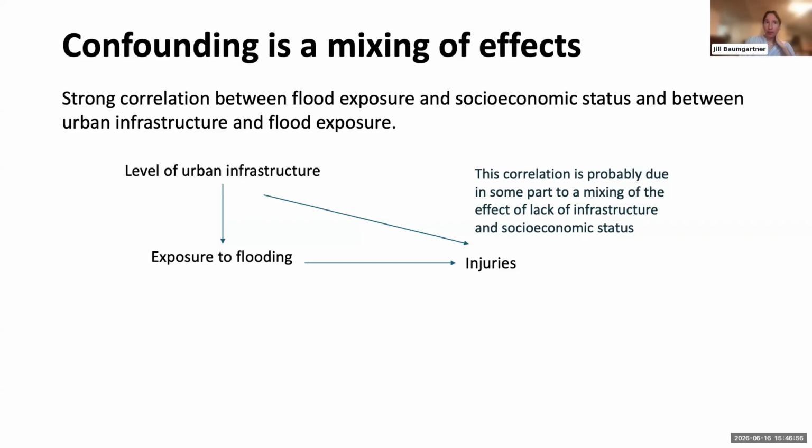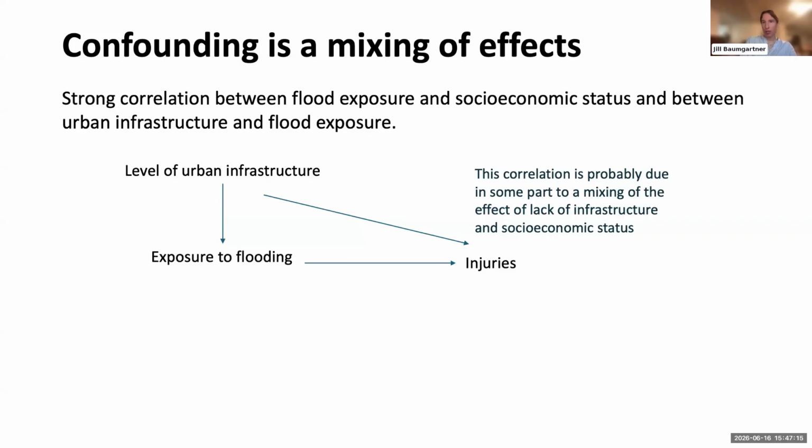If we think about level of urban infrastructure, this correlation between exposure to flooding and injuries, urban infrastructure is also an important risk factor for injuries. Urban infrastructure also influences exposure to flooding.